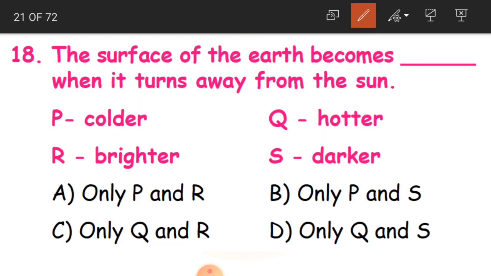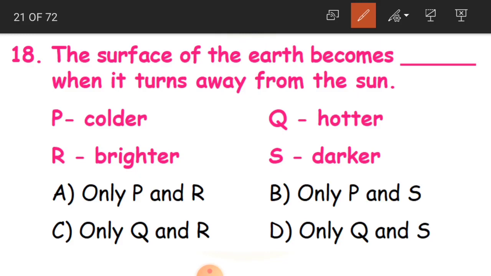Now, 18th question, children. The surface of the earth becomes dash when it turns away from the sun. Okay, when it turns away from the sun. So when earth is going to turn away from the sun, while it is revolving around the sun and rotating on its own axis, the surface of the earth becomes what?